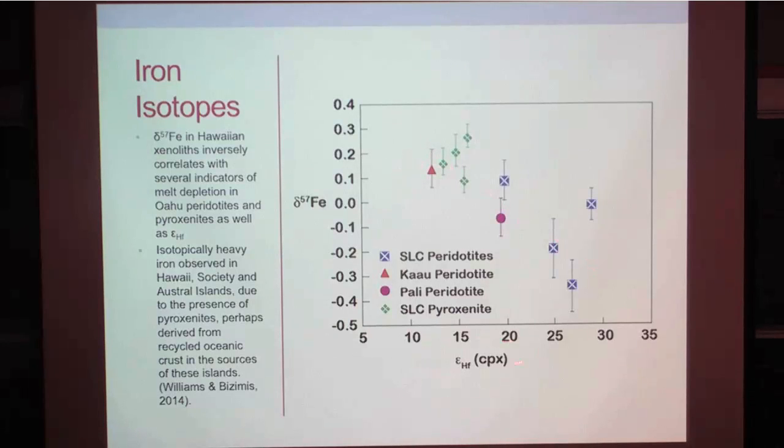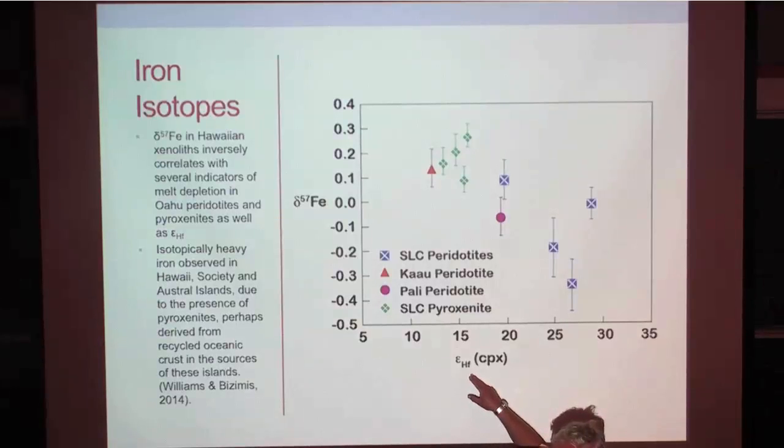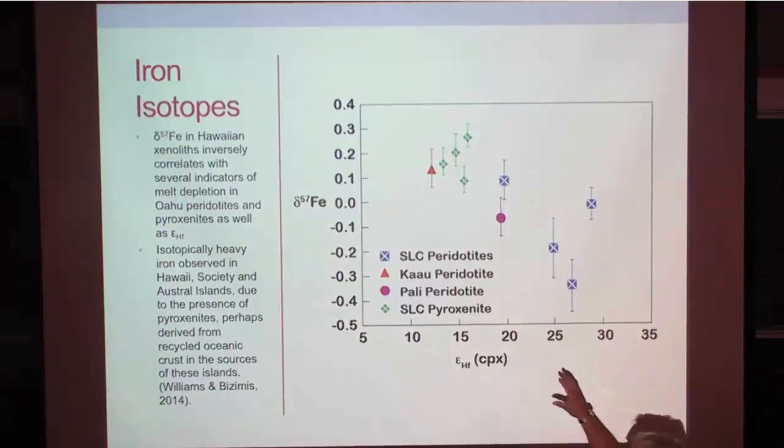What's significant here is that it correlates with epsilon hafnium, the lutetium-hafnium decay product. So this is not something that's magmatically produced recently. The correlation tells us it's something ancient.